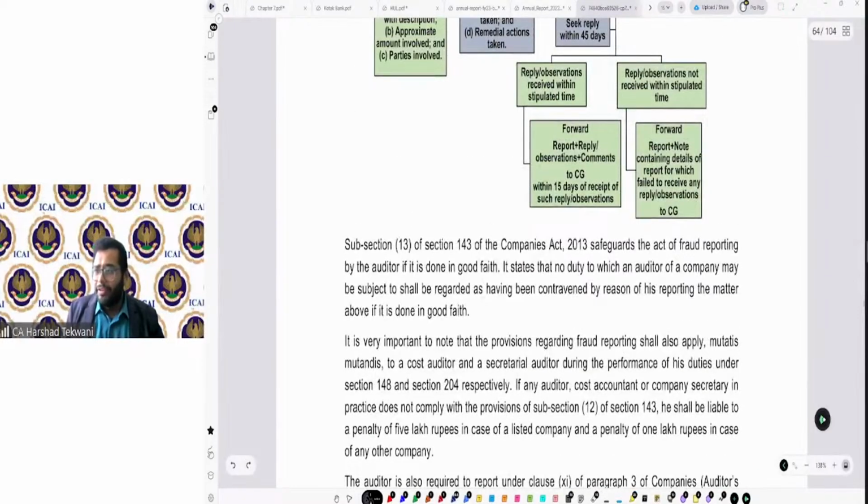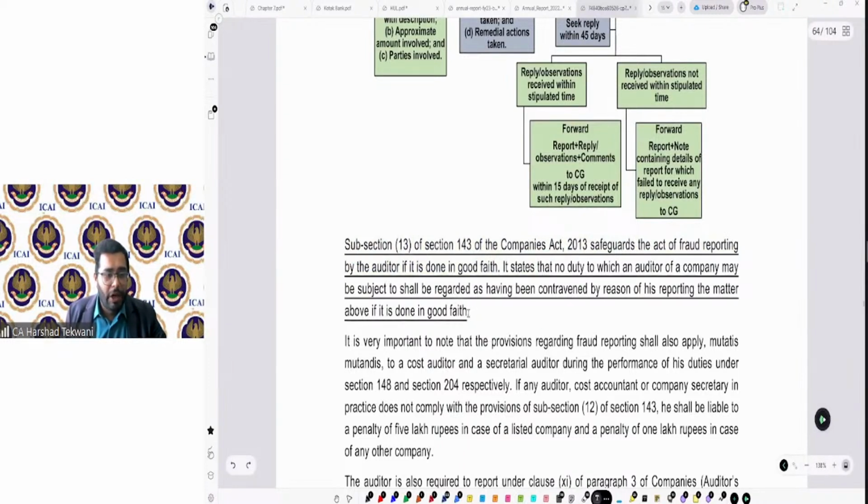Now there is another section that I want to discuss, which is sub-section 13 of section 143. Sub-section 143(13) talks about the safeguard provided to the auditor when he is reporting a matter of fraud to the central government.